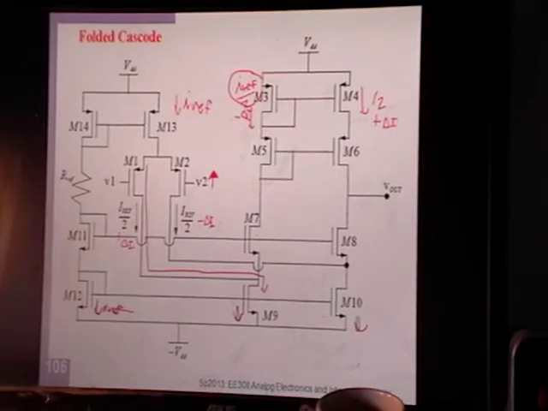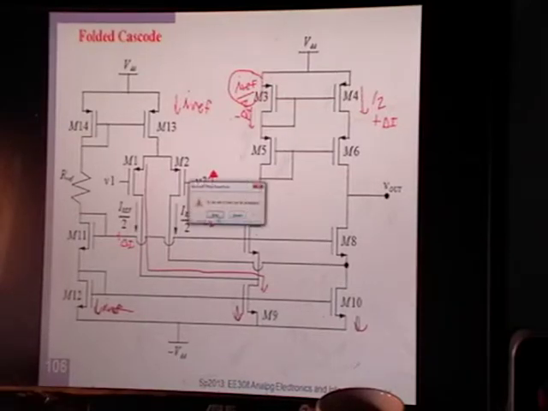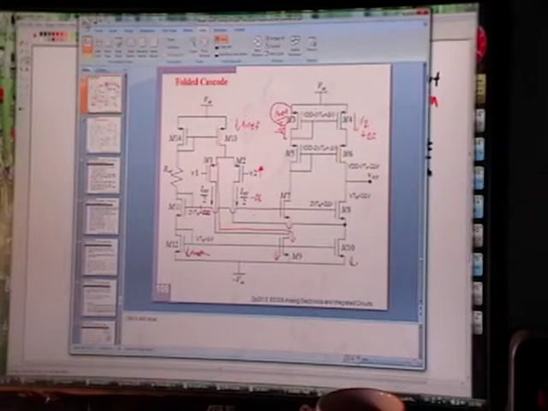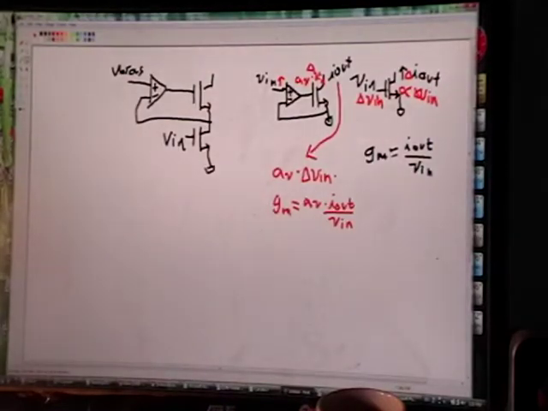Think of just a plain old differential pair. And now I'm trying to get BJTs.